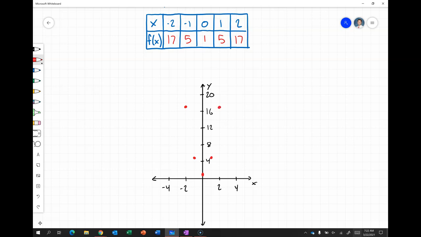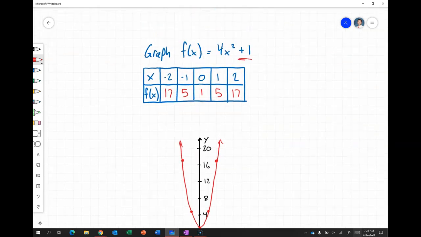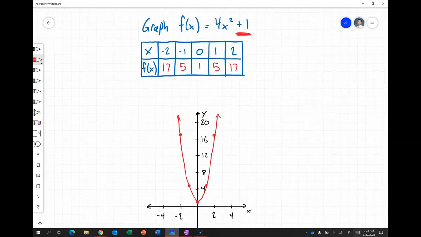And we can graph it. And you'll notice, right, this plus 1 here, as you saw in your exploration, this plus 1 has caused the entire graph to shift up by 1 point.